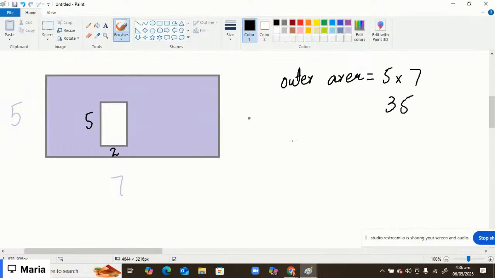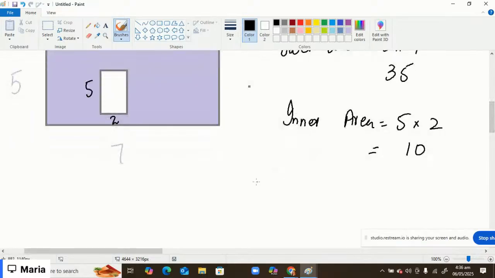And what is the inner area? That is 5 times 2. So 5 times 2 is 10.